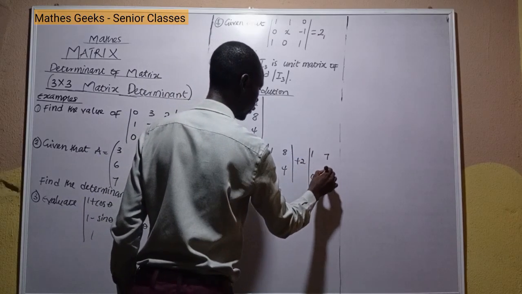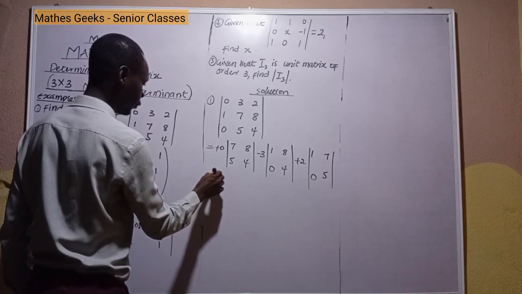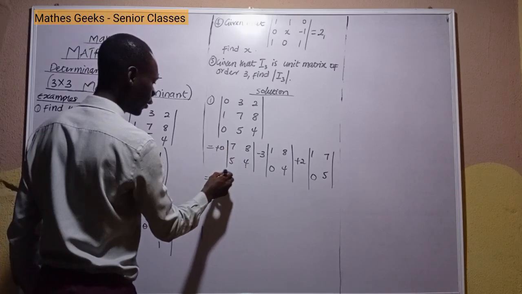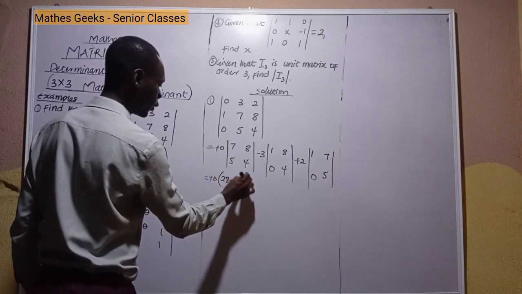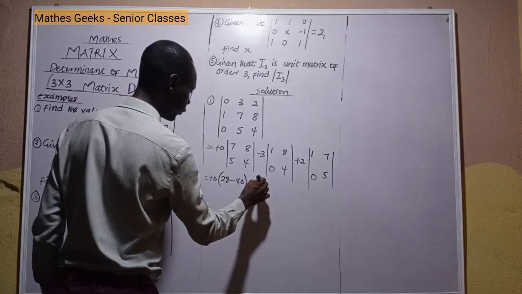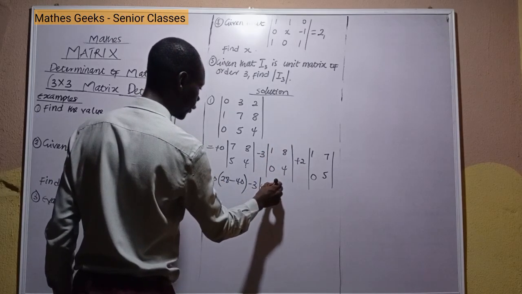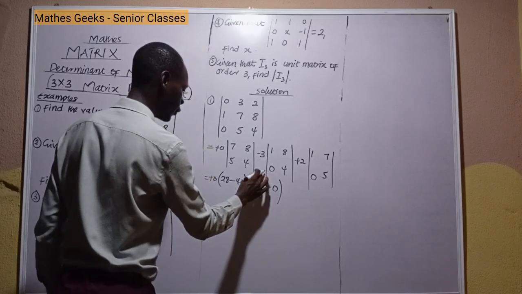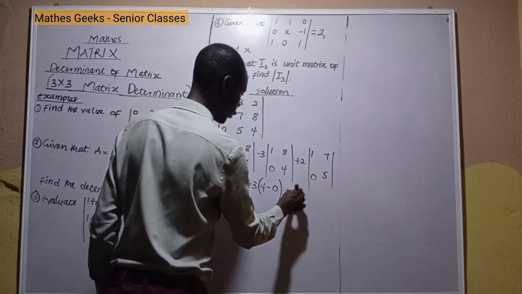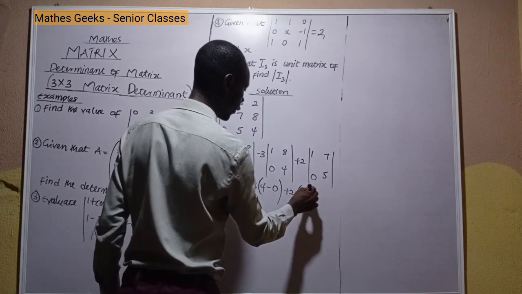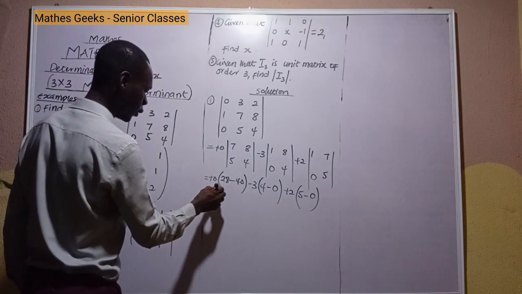Now we compute: 7 times 4 is 28, minus 8 times 5 is 40, minus 3 times 1 times 4 is 4, minus 8 times 0 is 0. Plus 2 times 1 times 5 is 5, minus 7 times 0 is 0.